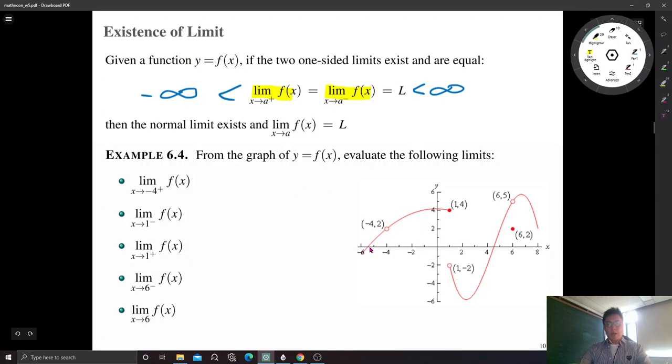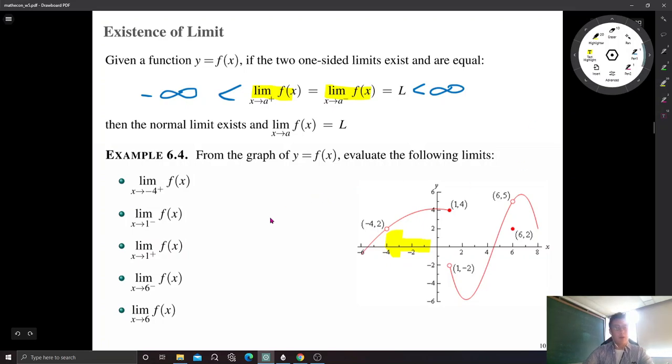So here we have a function whose graph is displayed in this diagram. Let me call this function f of x, and we are asked to evaluate the following limits. In the first question, the limit of the function as x approaches -4 from the right. The function is approaching this empty circle whose y coordinate is 2.